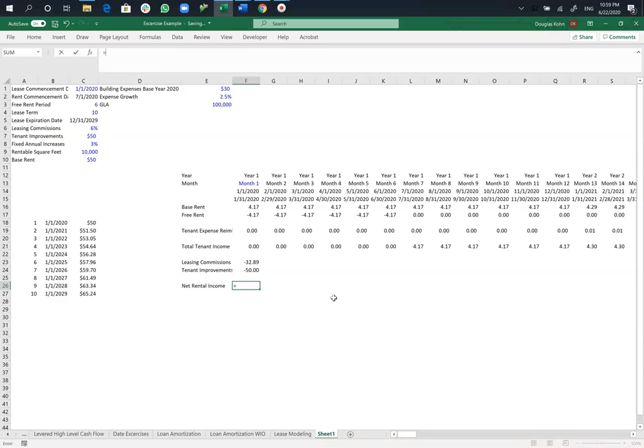And now take the sum of the total tenant income, the leasing commissions, and the tenant improvements.